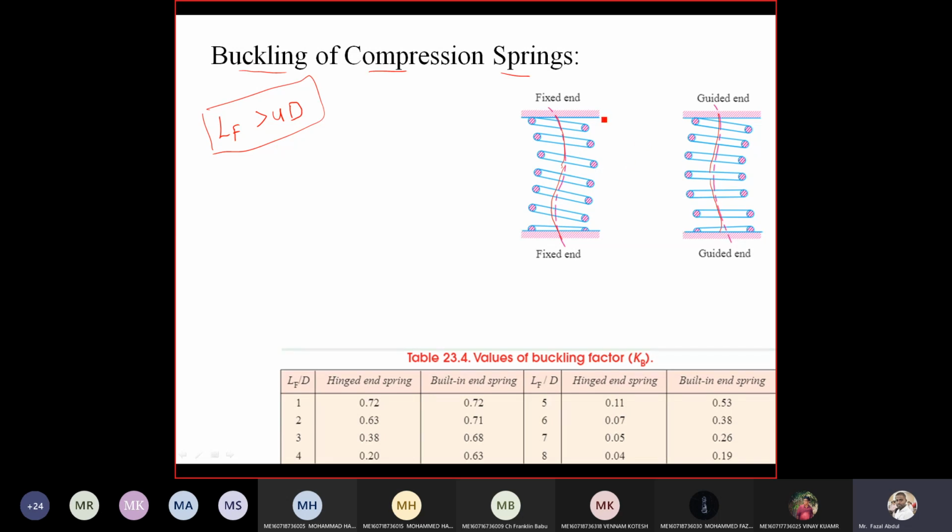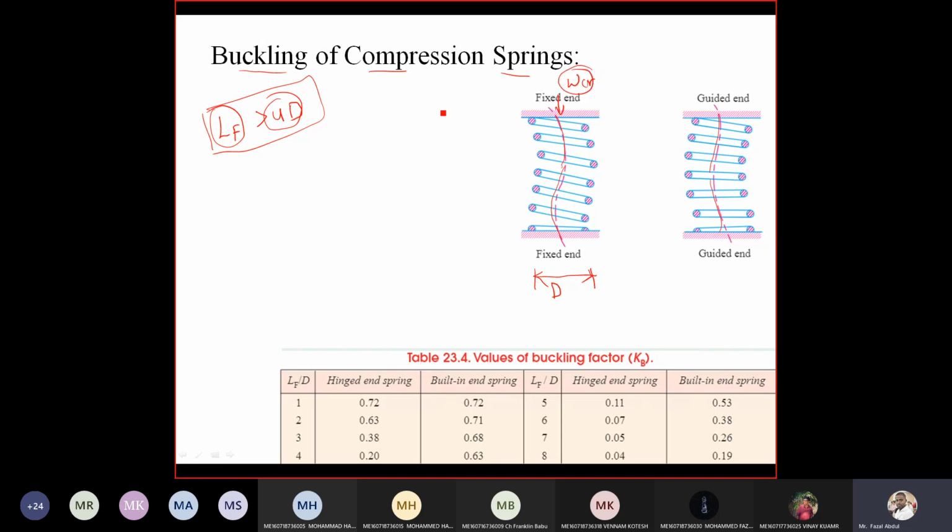So this happens when the free length of the spring is more than 4 times its mean diameter. The mean diameter is this. At this time, whatever load is applied is the critical load.